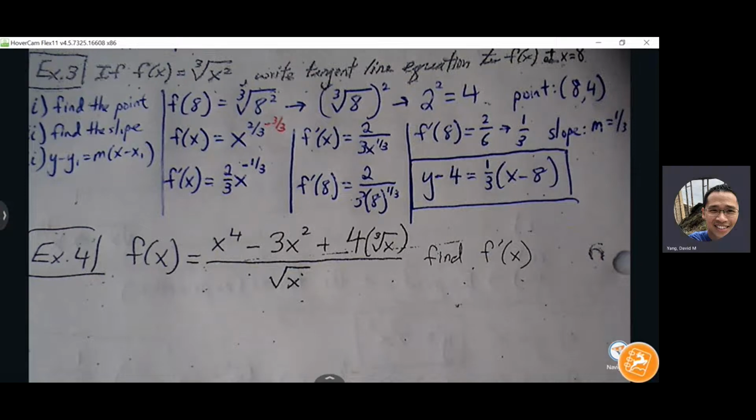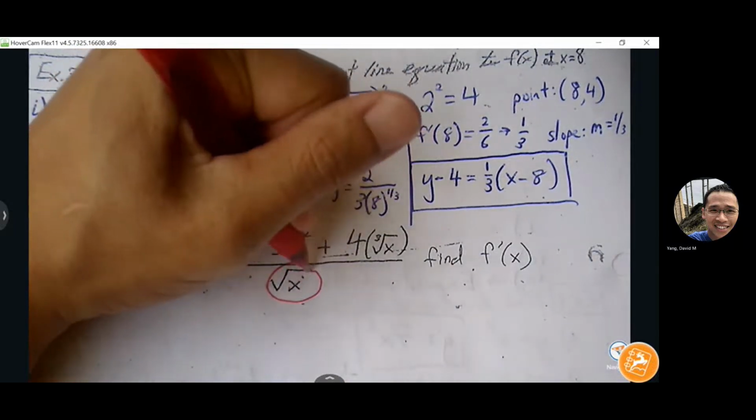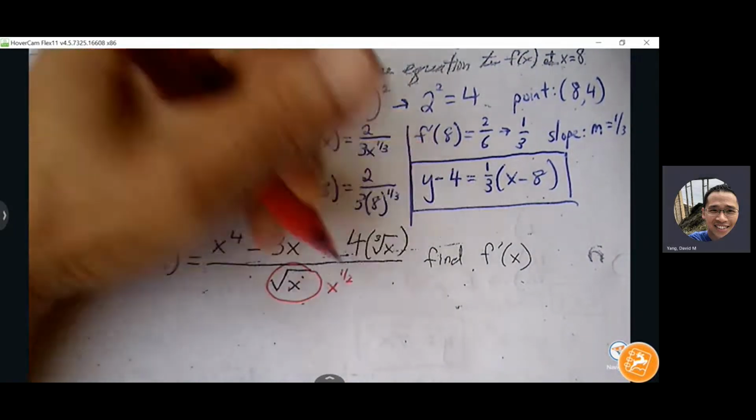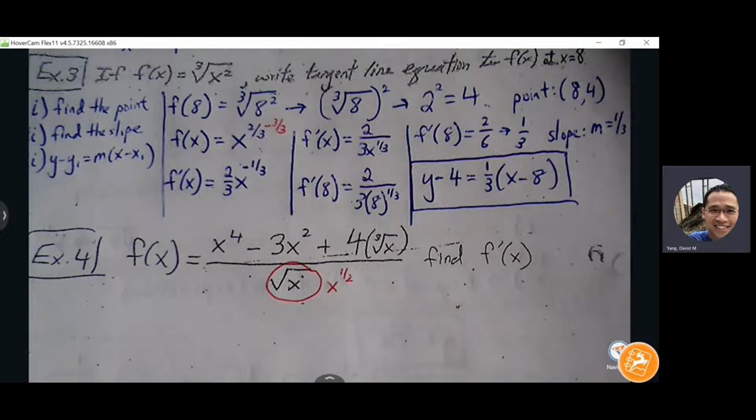Now, example 4, what is standing in the way from us being able to apply power rule? That root x. But the problem is that root x is impacting every term in the numerator, right? So I can quickly convert that to x to the 1/2, but we know that that variable is out of place, right? We can't do power rule with that variable sitting there.